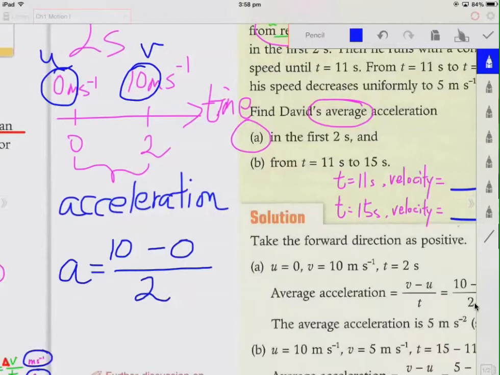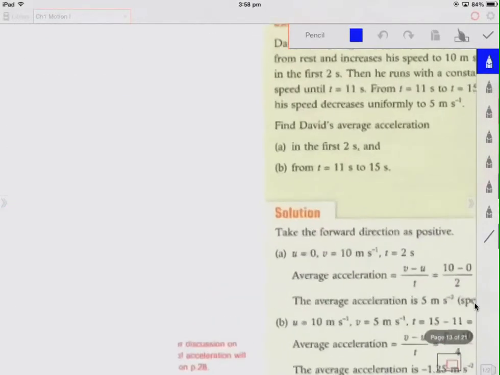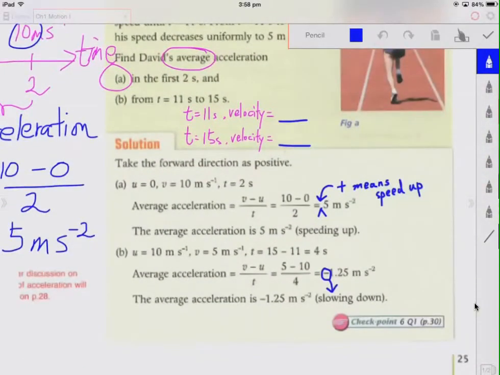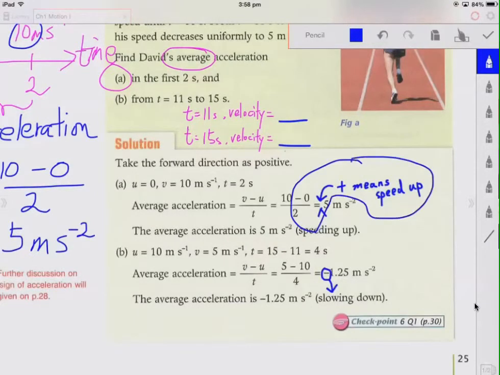And the time taken is 2 seconds. The answer is 5. And remember, the unit is meter per second squared. And this is exactly the solution here. And remember, the positive sign is hidden here. And the rest, part B, is left for your exercise.